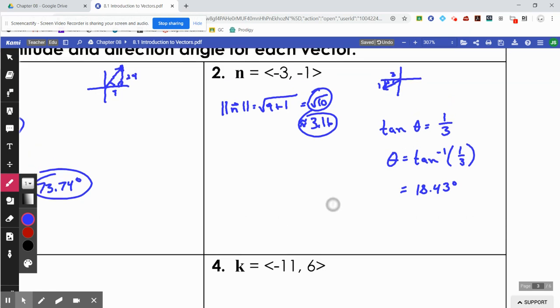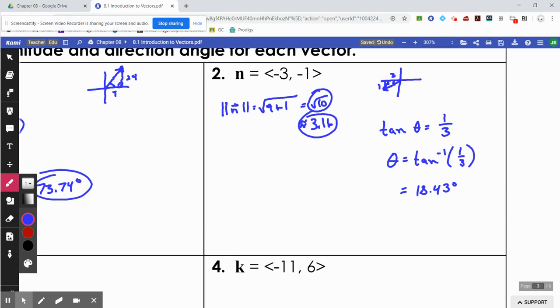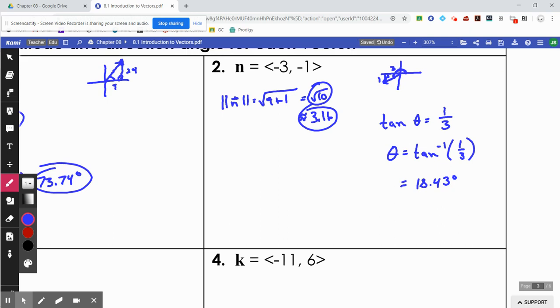But again, we have an issue, because that's not our direction, that's our reference angle. So we have to tack on 180 more. The actual angle is 198.43 degrees, because it is a third quadrant angle.